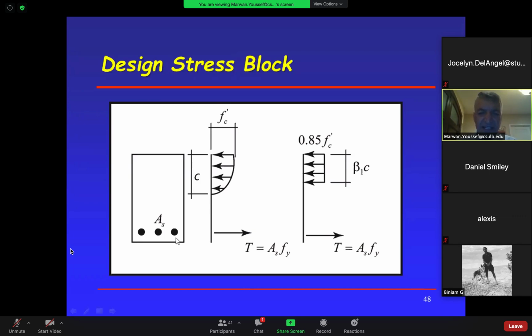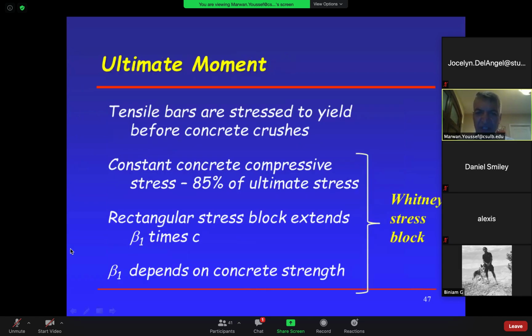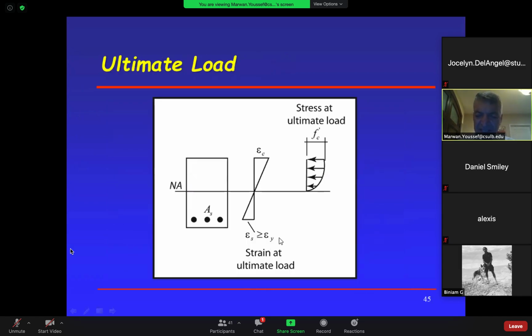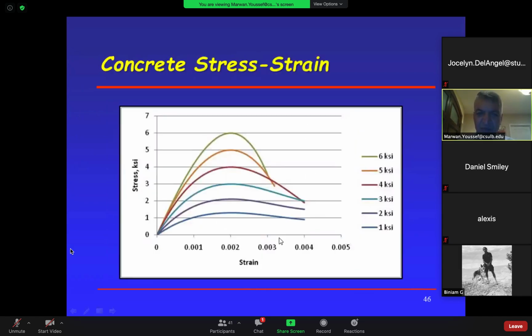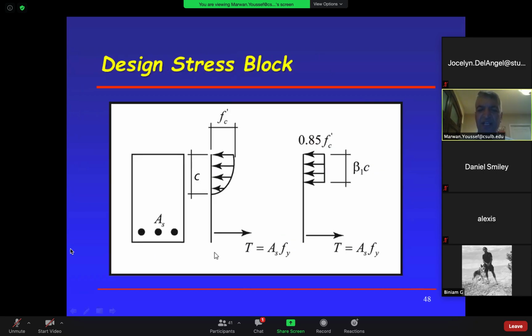And then the force equals area times stress. It should really be AS times FS, right? But we replaced FS with FY because we want the steel to yield. Is that clear? So here we said we want the strain to be epsilon Y, and the same thing we want the stress to be F sub Y. So that's the formula. All right.